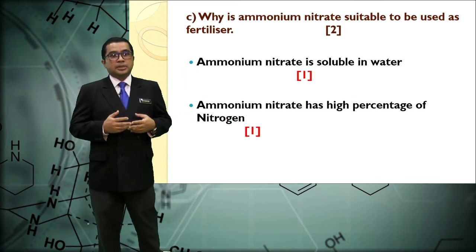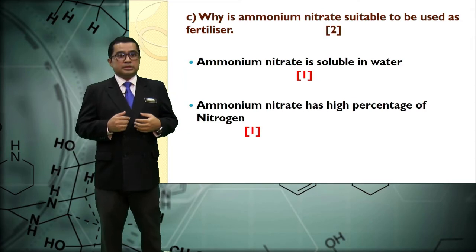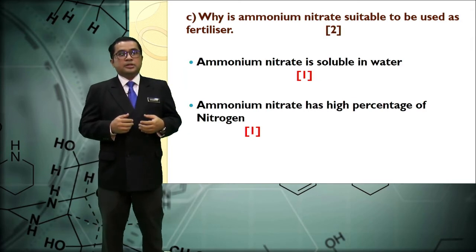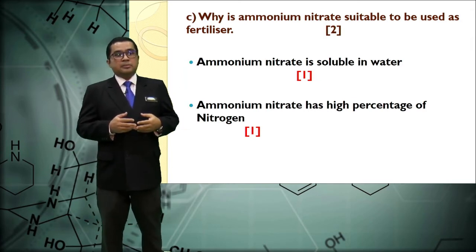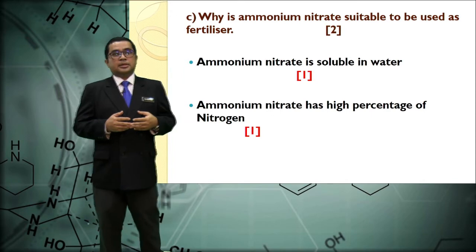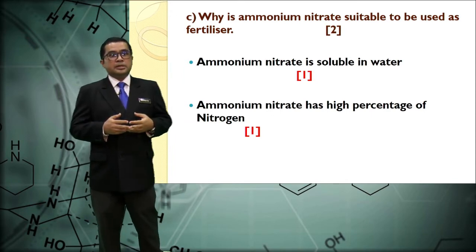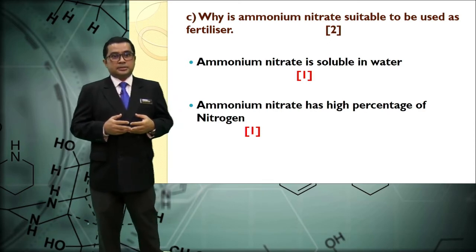The correct answer is that ammonium nitrate is soluble in water. For the second mark, ammonium nitrate has a high percentage of nitrogen. Because of these reasons, ammonium nitrate is very suitable to be used as fertilizer.